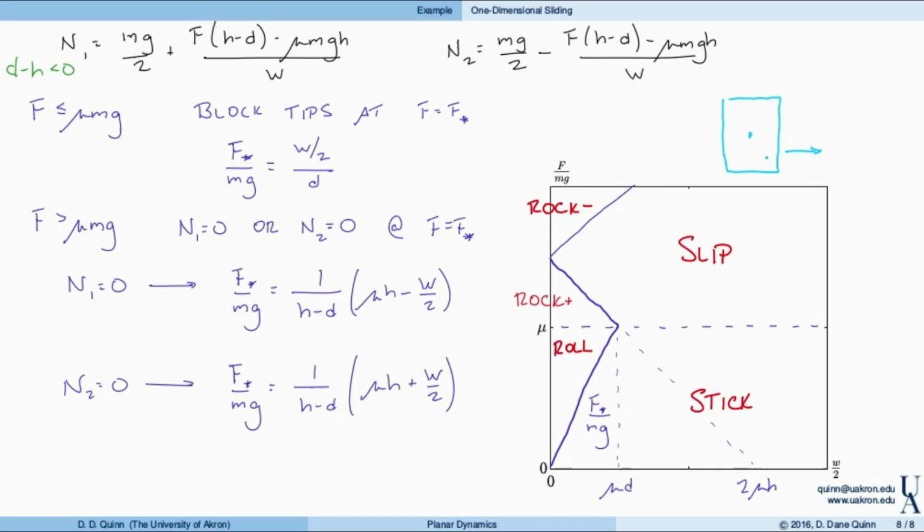That would be a large applied force, and then the block would slide to the right, but then undergo what we've defined as rocking in a negative way. Again, this is dynamics. It's about understanding the response of the system and characterizing what happens as the parameters change.